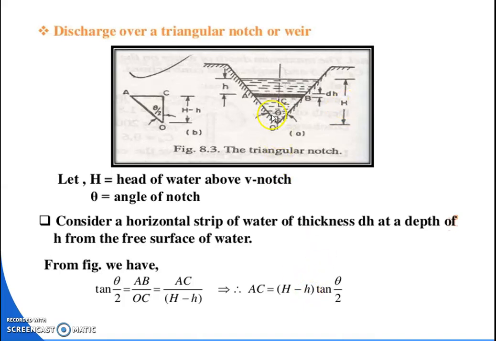The angle is theta by 2. So for triangle AOC, tan theta by 2 equals AC by OC, where AC is half the length of AB and OC is capital H minus small h. The length of AC is obtained as capital H minus small h into tan theta by 2.